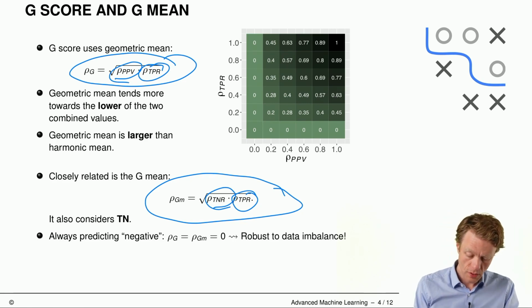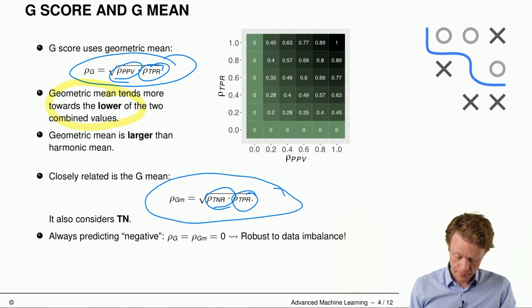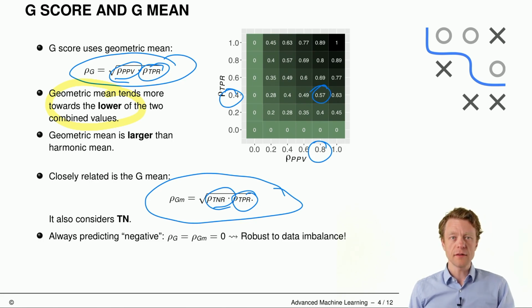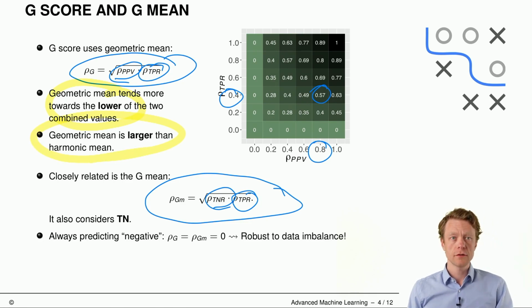Okay. So as was true for the harmonic mean, the geometric mean also tends more towards the lower of the 2 combined values. Same example here. 0.4 and 0.8 do not result in 0.6, but in 0.57 in that case. If you compare the tables of G-score here and F1 score slide before, then you will see that the geometric mean is larger than the harmonic mean.